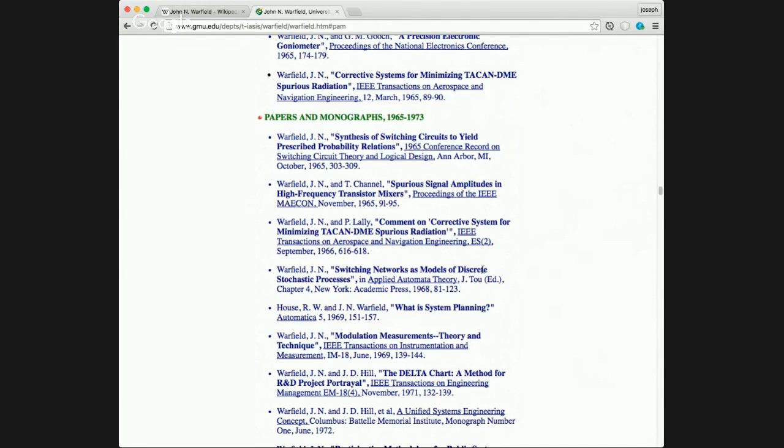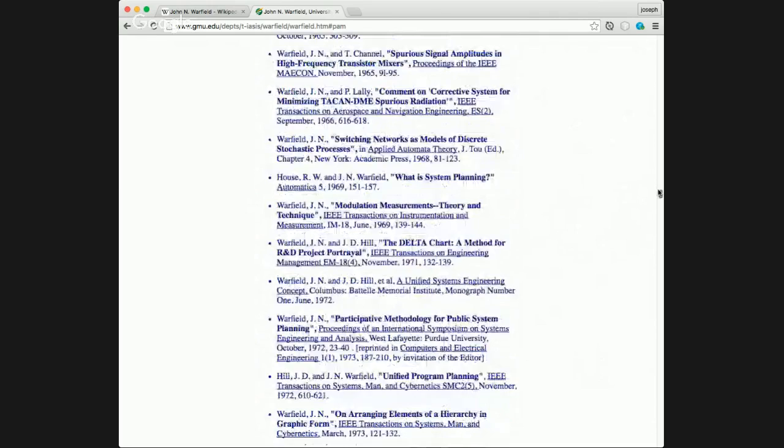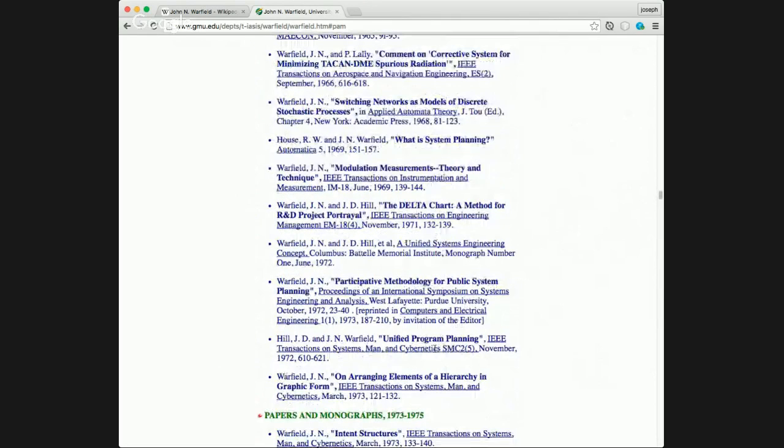And then switching networks as a model of a discrete stochastic process. But then in the late 60s, we start seeing information like what is systems planning, or larger scale applications of some of these activities to large scale social systems, the delta chart and method for R&D project portrayal, and public system planning now in unified program planning.